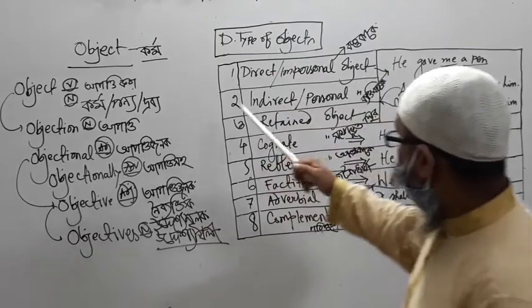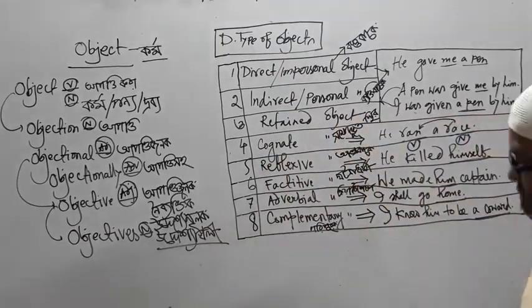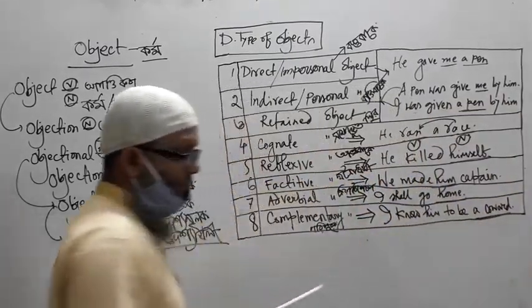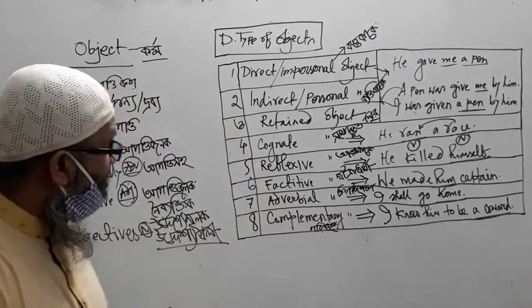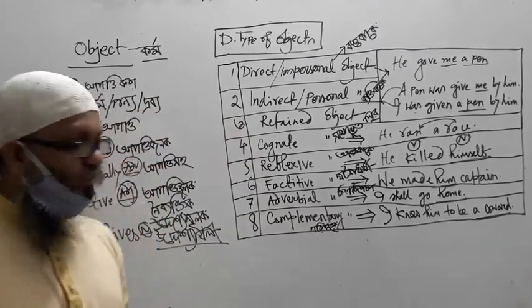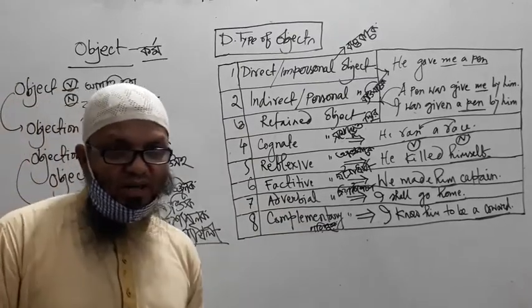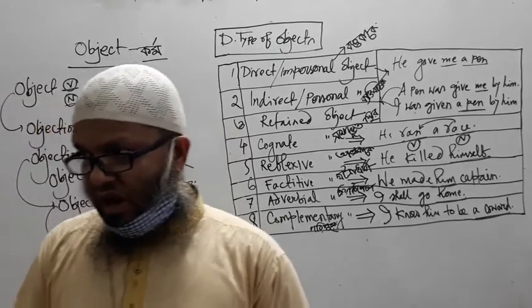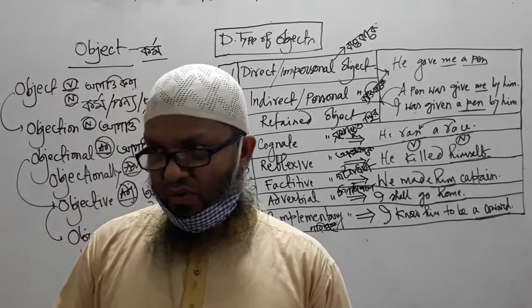Okay, now come to the different types of object here. We have to work with these objects every now and then, because when we use sentences for changing voices, then we need an object. Because what type of verb can be turned into passive? Only a transitive verb can be turned into passive voice.